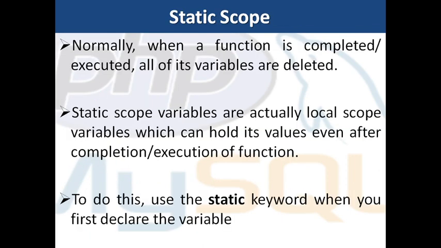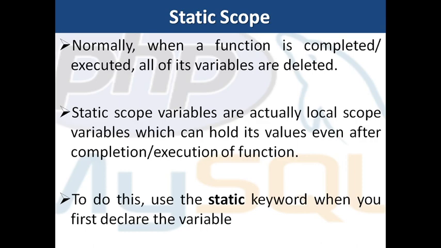Static scope. Normally when a function is completed or executed, all of its variables are deleted. However, sometimes we want a local variable not to be deleted. We need it for a further job. For example, if you make a function to count the number of footsteps entered into a mall, you will need to hold the value of the local variable declared inside the function to keep the number of footsteps even after its execution.